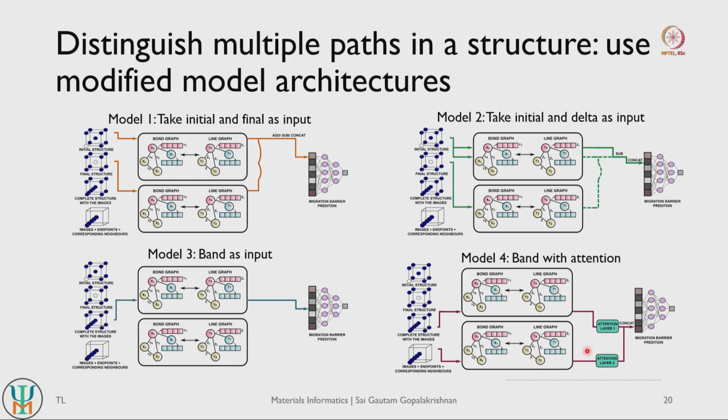So you have an atom that is moving within the structure, you have a bunch of neighboring atoms to that moving atom. How important are those neighboring atoms in determining the migration barrier as the moving atom is actually doing its motion within the structure? So the idea was to obtain some kind of contextual information by using these attention blocks along with the band input. So these are the 4 different model modifications that we tried out to introduce the idea of directionality within our given graph based MPT model.